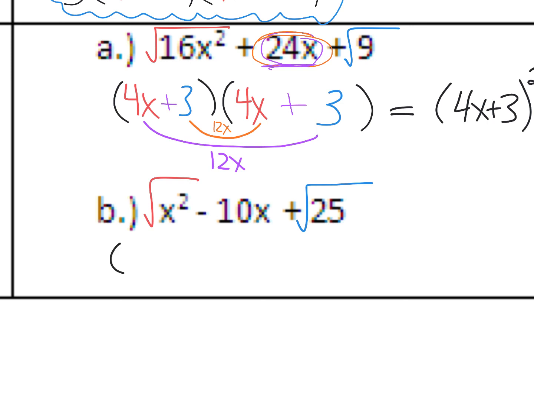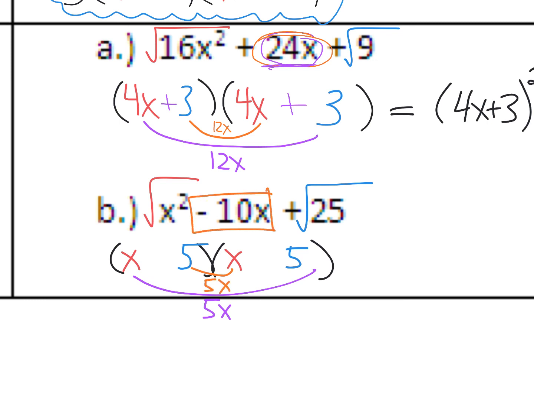Again, we're stuffing our parentheses. Your square root of your x squared, to unfoil that x squared, is just x times x. Square root of 25, that's 5. If you look at your outers, that's 5x. If you look at your inners, also 5x. But this time around, they have to make negative 10x.